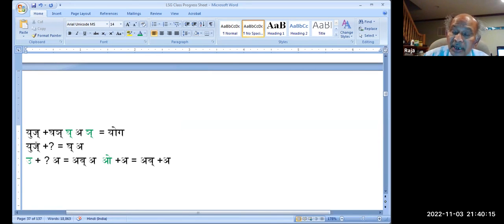So he said a general rule: when we add a pratyaya to the root, take guna of the final vowel, or guna of the penultimate short vowel, not long vowel. And then for yuga, you have to prevent it.